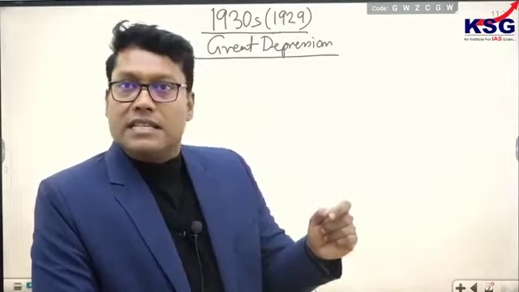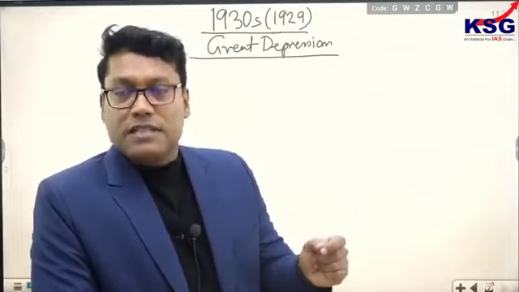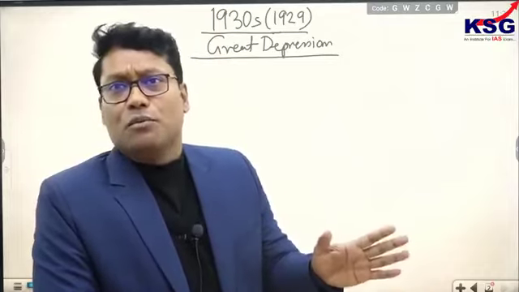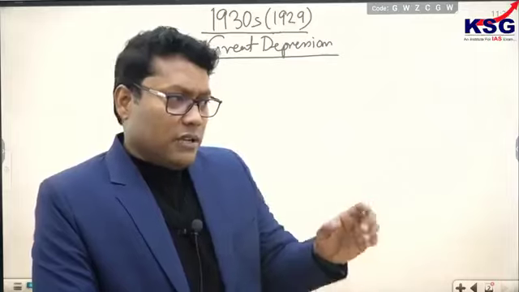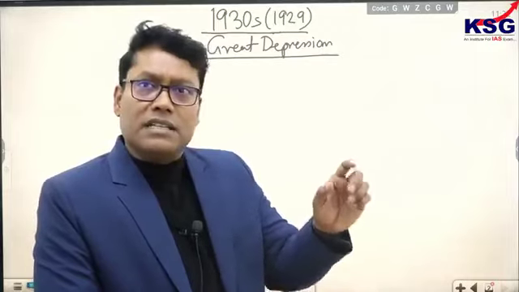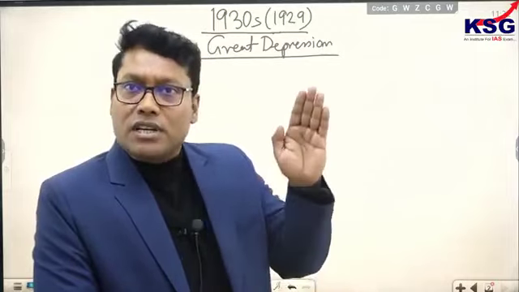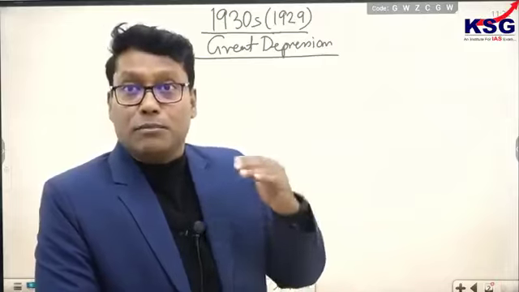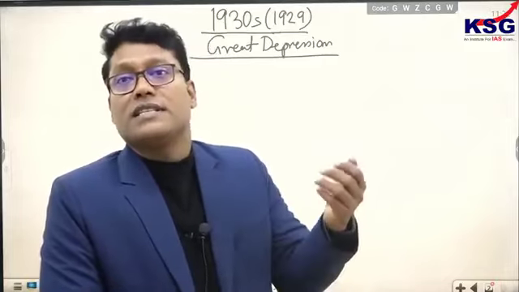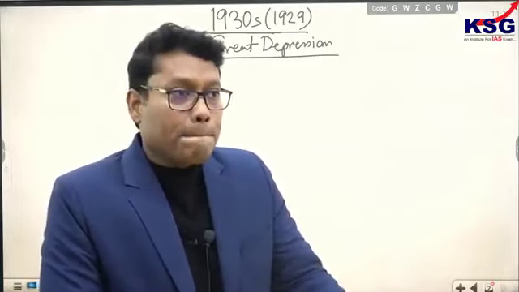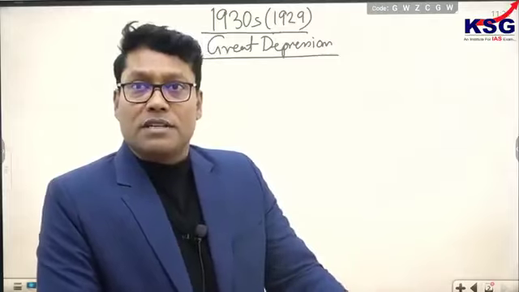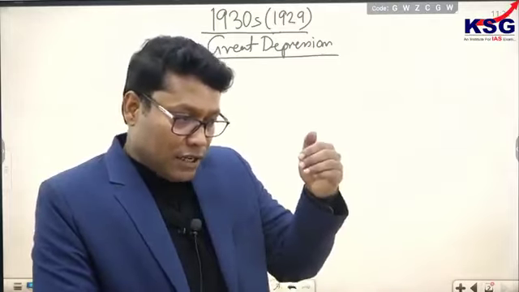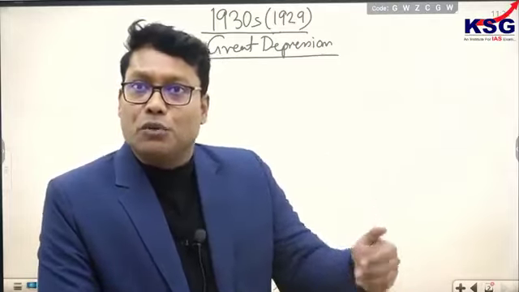So any time you get information that in any economy aggregate demand started decreasing, production started decreasing, unemployment started increasing, or employment started decreasing, then you can say at this point the economy is going on a downward trend.